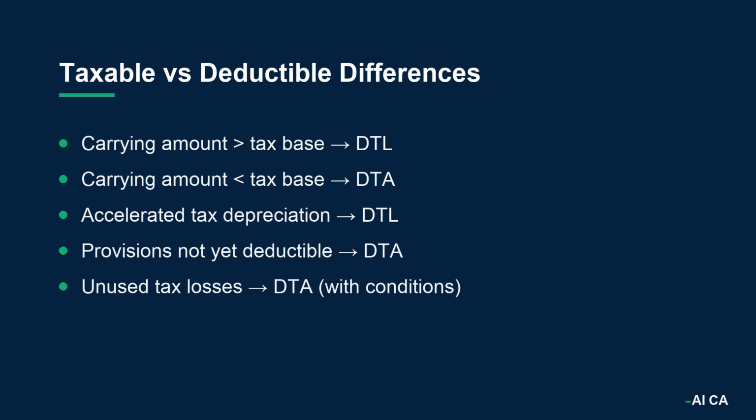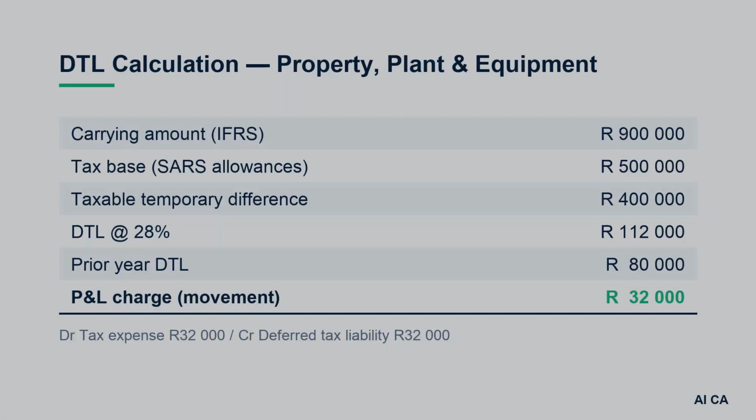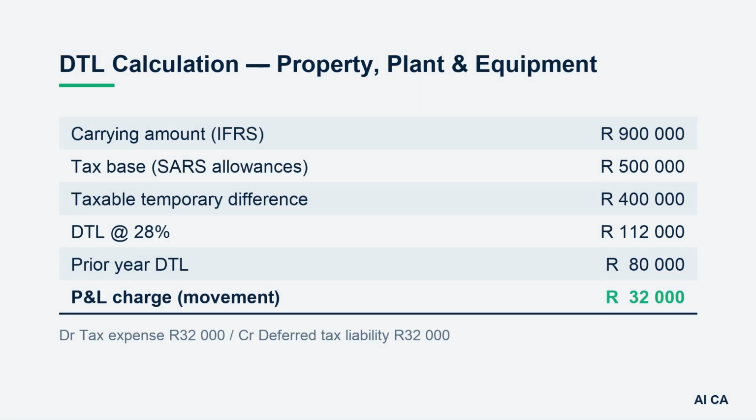More tax deductions will come through in the future than accounting expenses, so you have a deferred tax asset. The classic taxable temporary difference is accelerated tax depreciation. The tax authority lets you write off plant faster than IFRS depreciation, so the tax base falls below the carrying amount quickly. Let's make this concrete with a worked example.